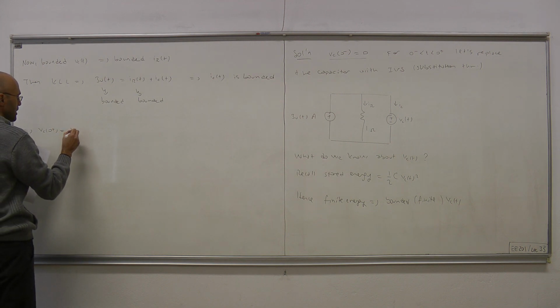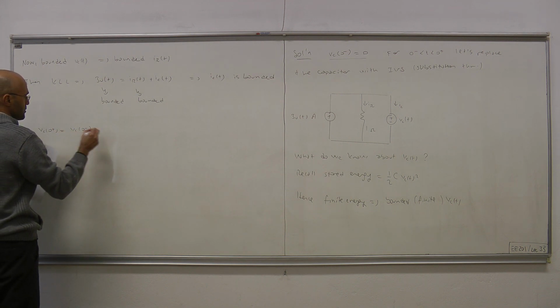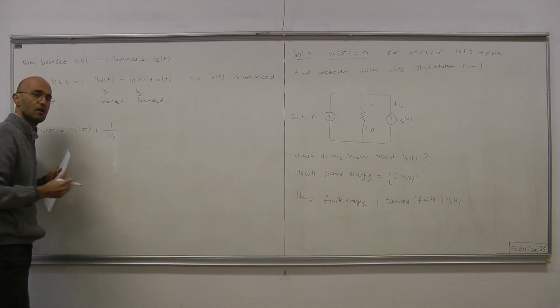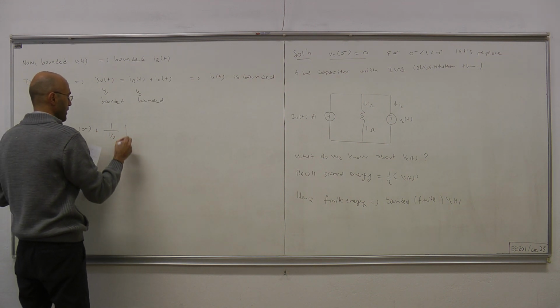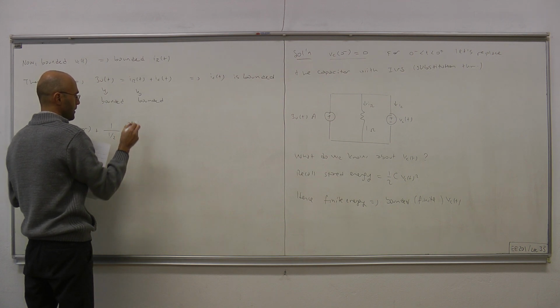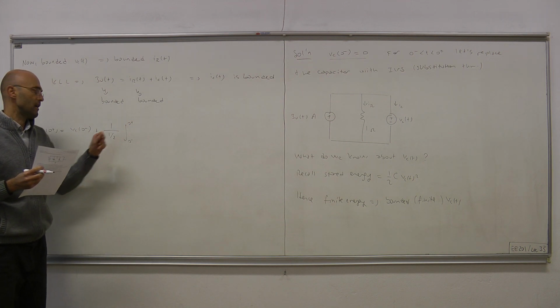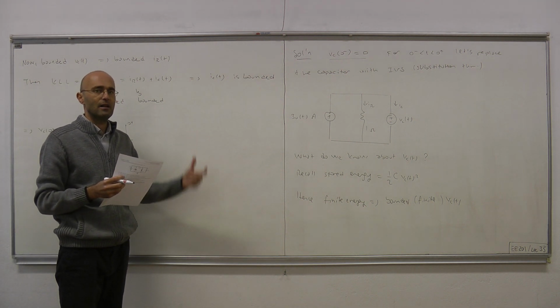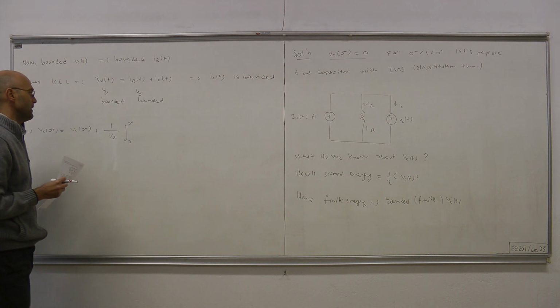Vc(0+) equals Vc(0-) plus 1 over the capacitance, in this case 1 over 1/2, then you're integrating from initial time to final time, and in this case the final time is 0+ because we're asked for the value of Vc at 0+.